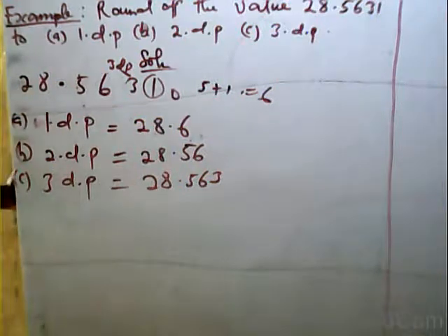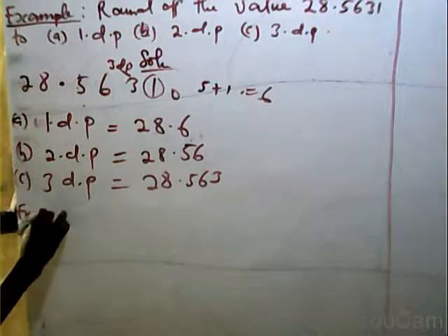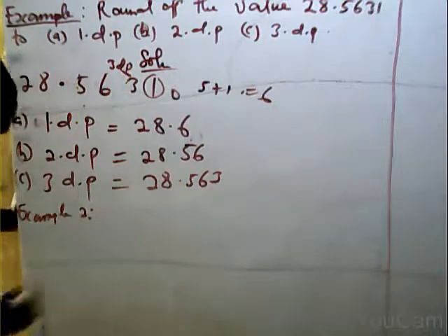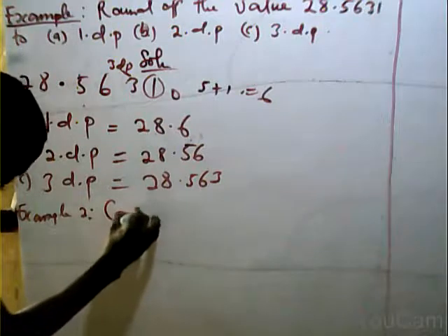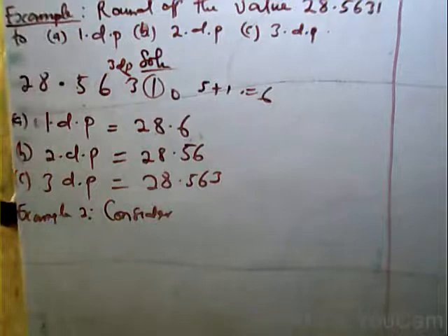Then let's consider the one with 0. Let's consider this example 2.